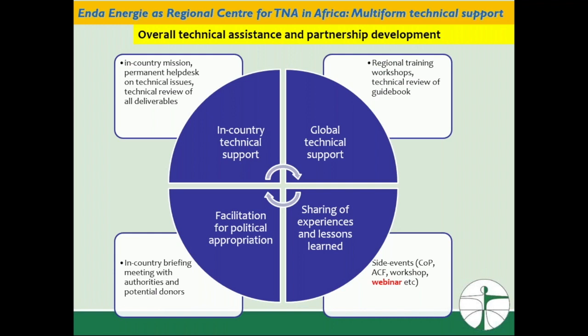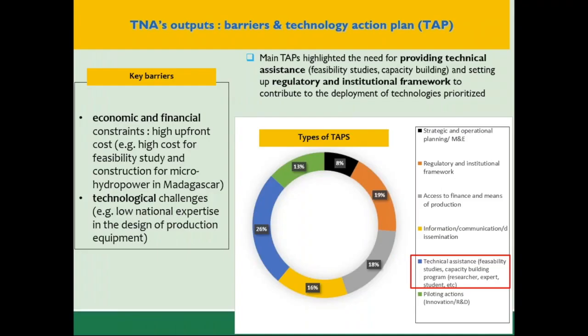And I think that Vladimir and TNA have already, and Sara have already touched on the main barriers and the technology action plan. But just allow me to highlight one important thing, is that the economic and financial constraints are key for developing and deploying technologies.